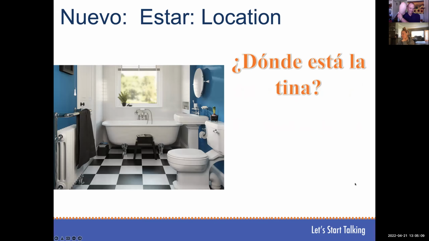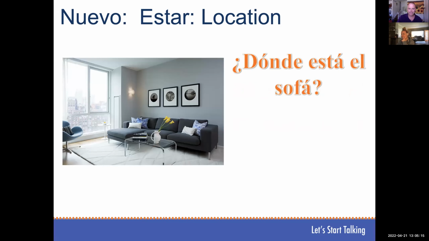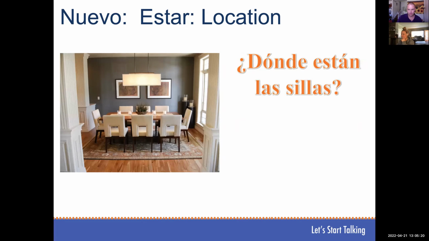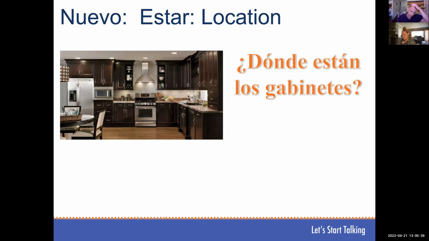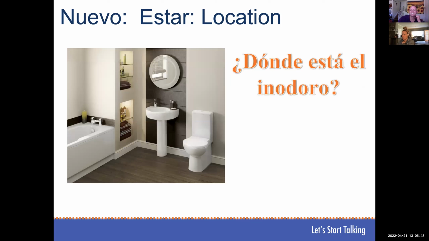¿Dónde está la tina? La tina está en el baño. ¿Dónde está el sofá? El sofá está en la sala. ¿Dónde están las sillas? Las sillas están en el comedor. ¿Dónde están las almohadas? Las almohadas están en el dormitorio. ¿Dónde están los gabinetes? Los gabinetes están en la cocina. ¿Dónde está el inodoro?